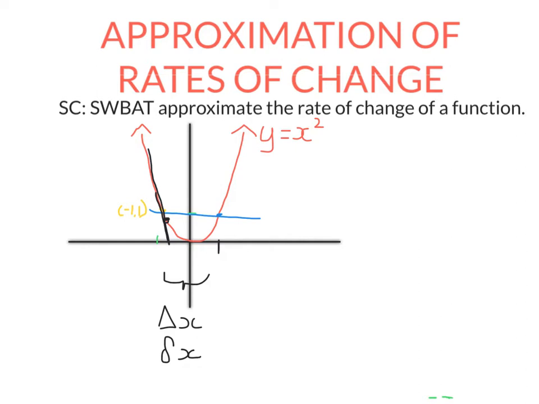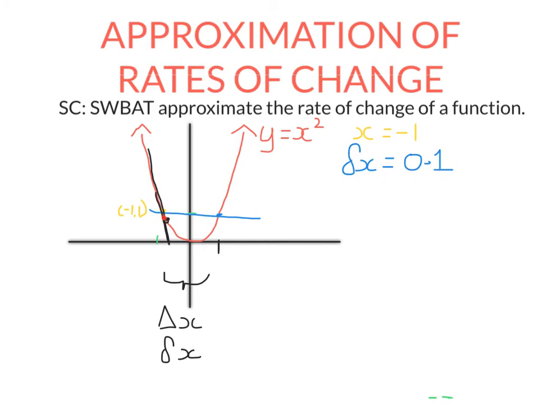So if I want to know the rate of change of this function around x equals -1, I can choose my delta x, the change in x value. Let's say, for example, delta x is a small number like 0.1. The first x value was -1, so delta x is 0.1.